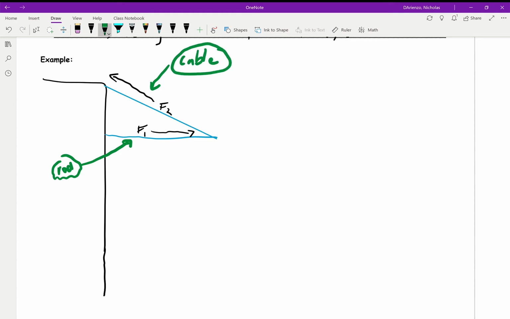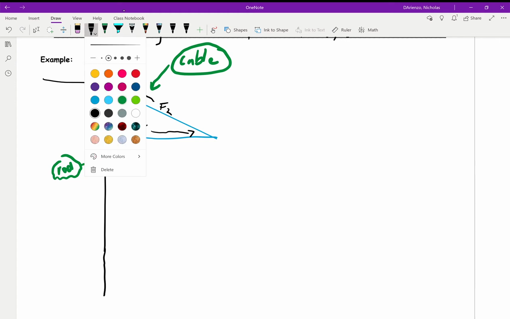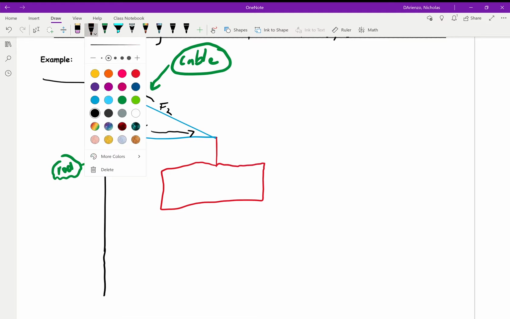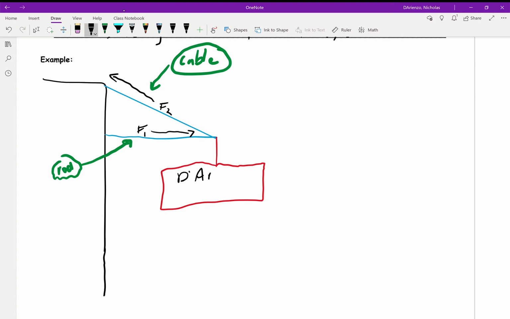These two pieces of equipment are going to be used to support a sign for my new business, DiRienzo's Donuts. So that sign is being held up by this solid rod being extended away from the building, my storefront with delicious donuts.